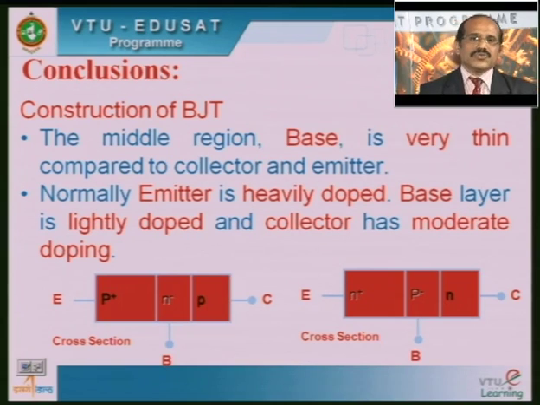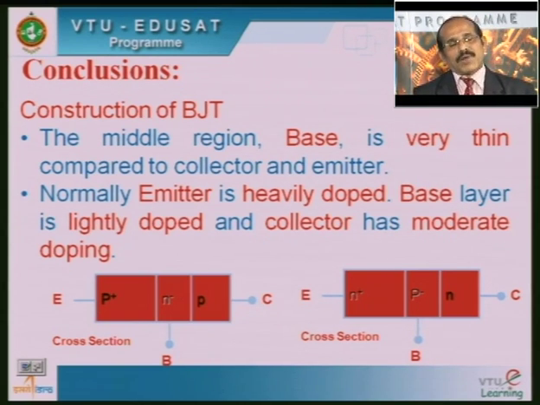Because usually in the bipolar junction transistor the emitter junction is forward biased, whereas the collector junction is reverse biased. Since the emitter junction is forward biased, it will provide a low resistance to the applied signal, whereas the collector base junction is reverse biased and will provide a high resistance to the signal.